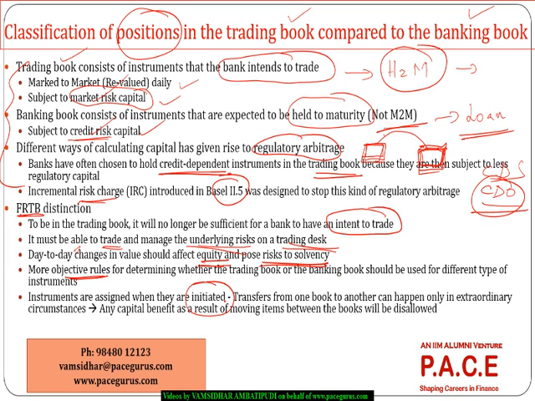Only in extraordinary circumstances is this change possible, and even then, any kind of capital benefit, any kind of capital gain that would come because of this move from trading book to banking book or vice versa is completely disallowed. So it has no impact on the realization of capital benefits because of the change from one book to the other.